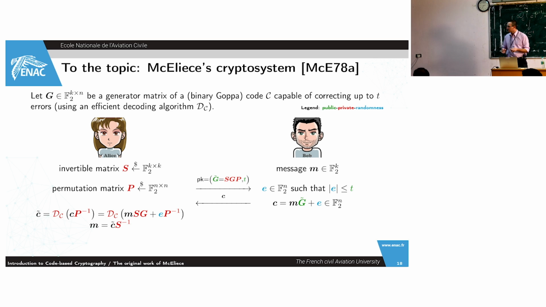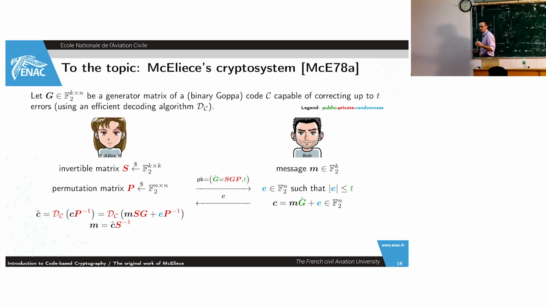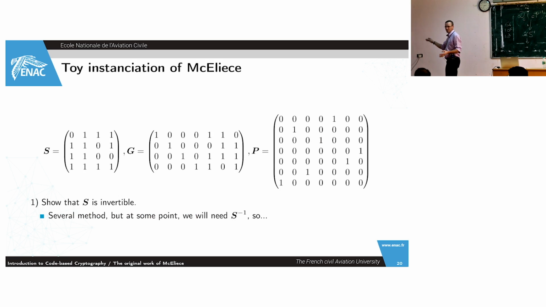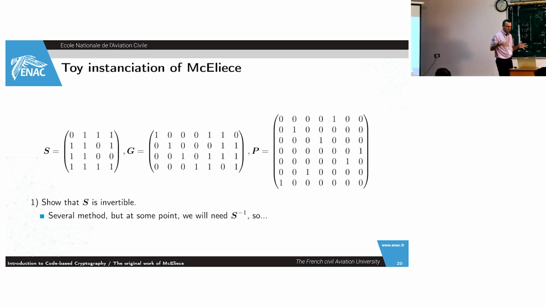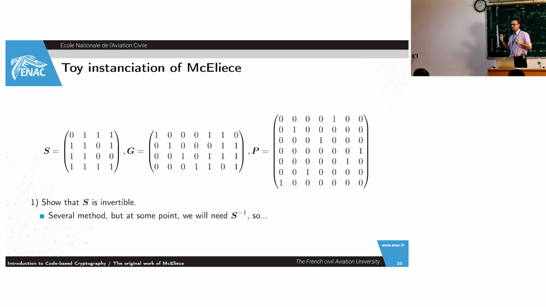So what I suggest is to give you S, G, and P. I generated my secret key, S, G, P, and we are going to simulate using McEliece with this handmade version of McEliece.